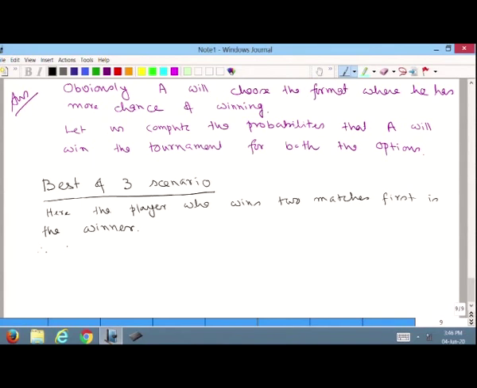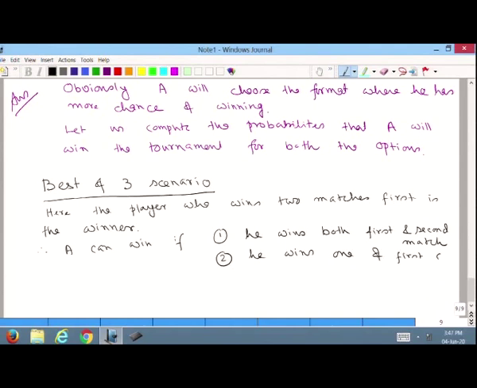Therefore, A can win if 1, he wins both first and second match, or he wins one of first and second match and then wins the third match.